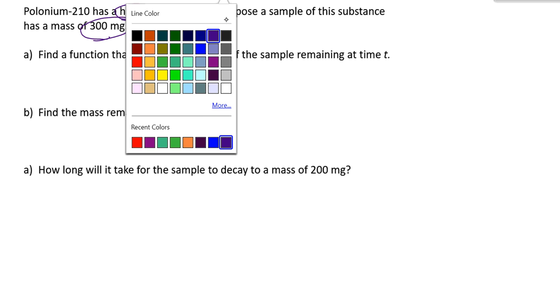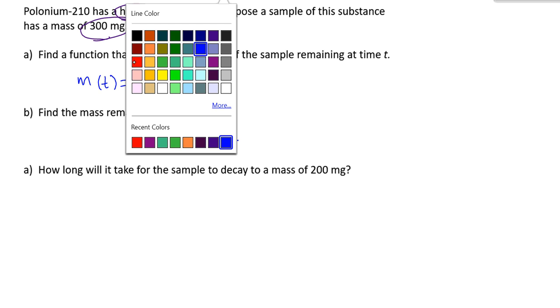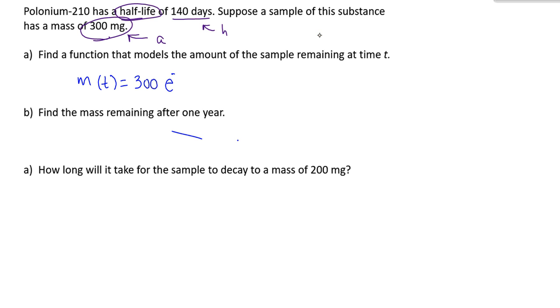Okay, just like before, we've got m of t, or y equals, doesn't matter, 300 e to the negative, I need to find r first. So let's go over here to the side and find r. R equals ln of 2 divided by h, which was 140.